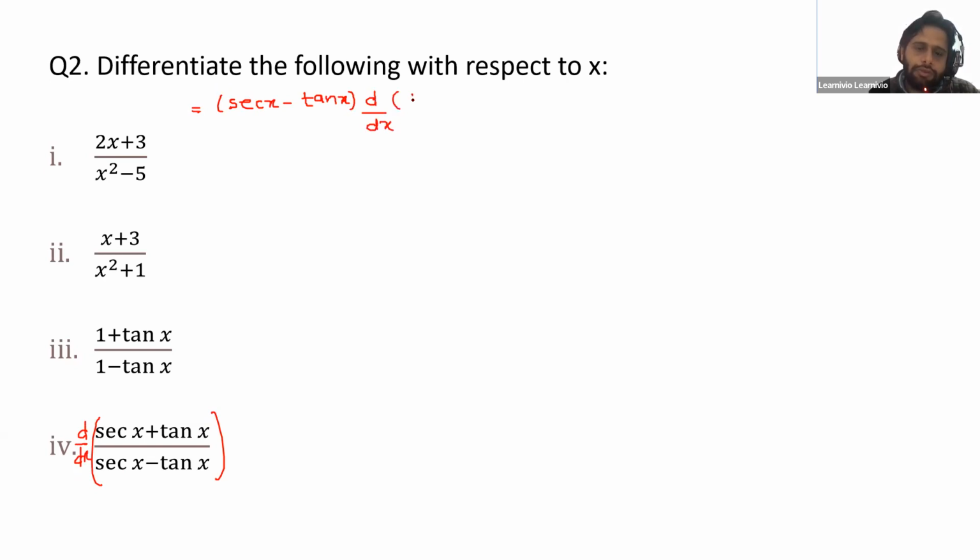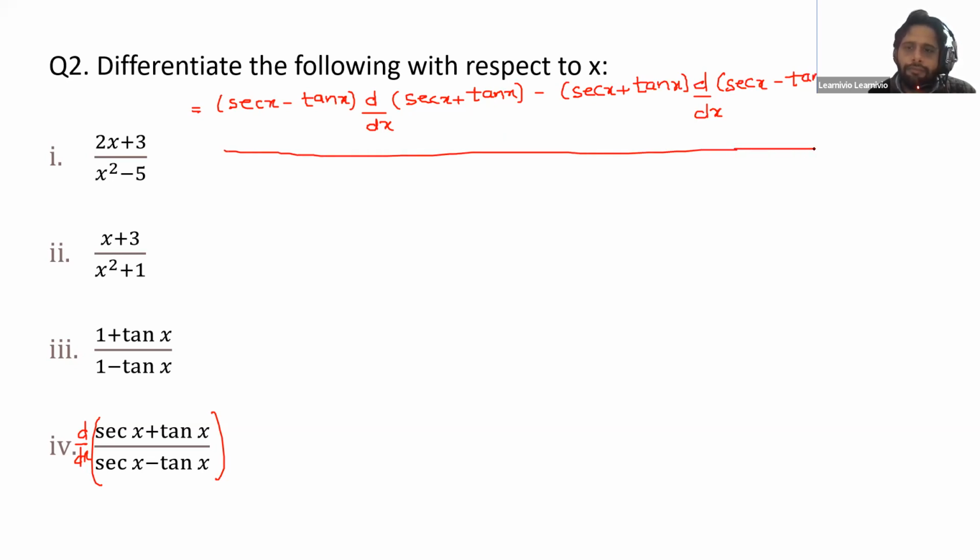So the numerator is sec x plus tan x, minus the numerator as it is, sec x plus tan x, times the derivative of the denominator, sec x minus tan x, by sec x minus tan x whole square.